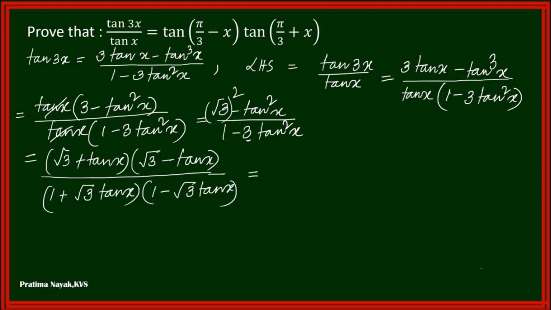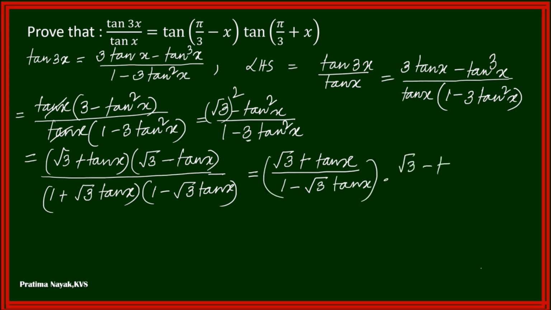So in the next step, we'll pair the numerator and denominator in this way. So root 3 plus tan x with the denominator 1 minus root 3 times tan x, multiplies root 3 minus tan x over 1 plus root 3 tan x. Then it is simple now. Root 3 means tan pi by 3.